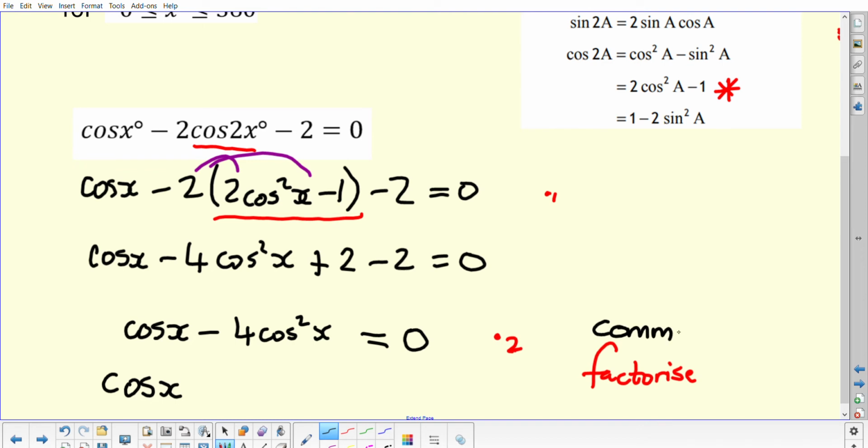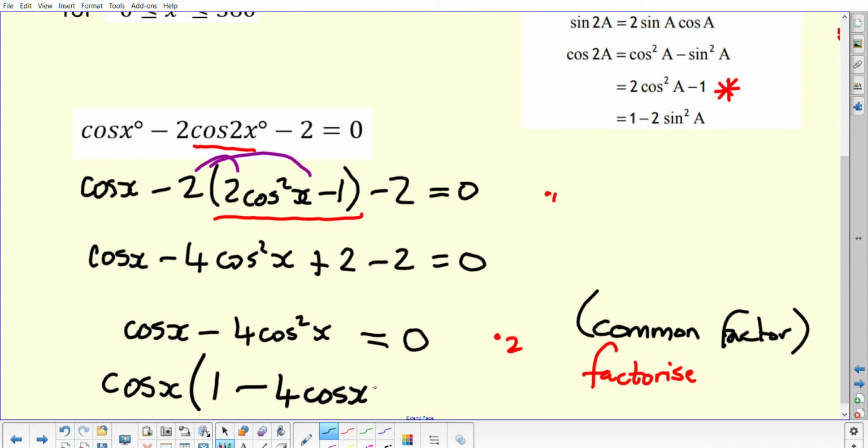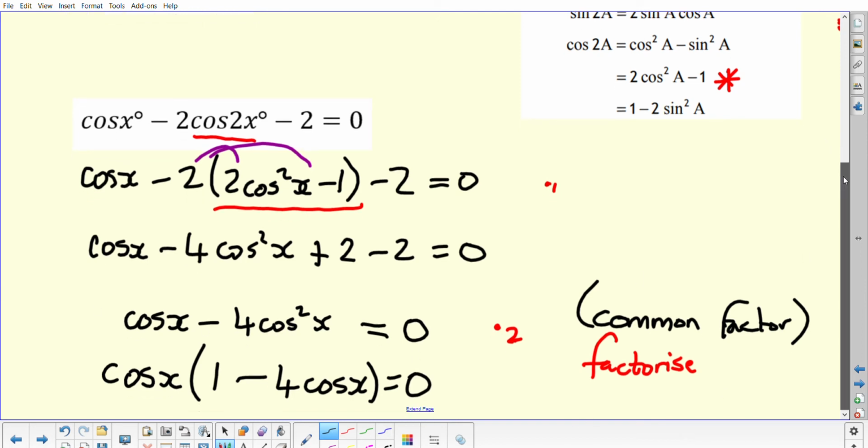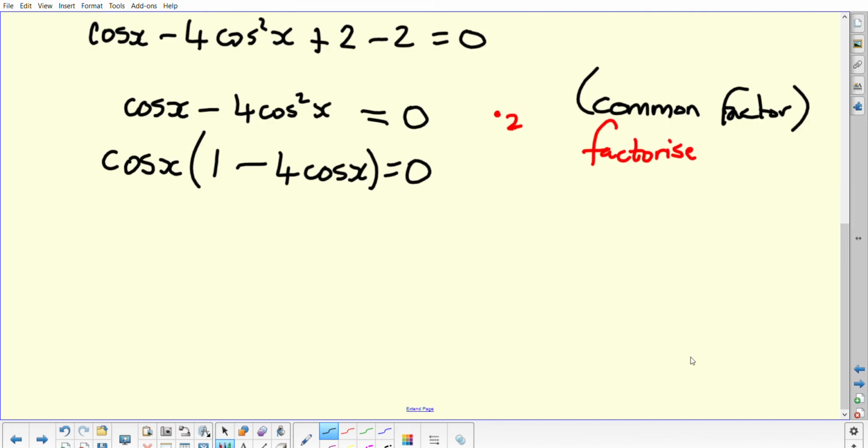We'll write that at the side just so you can see. We are factorising using common factor. Cos x outside the bracket, you've got 1 minus 4 cos x inside the bracket. At this point that would usually get you the 3rd mark for having factorised.